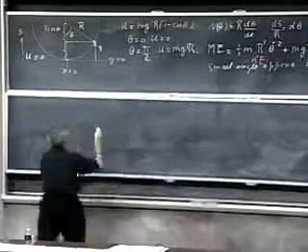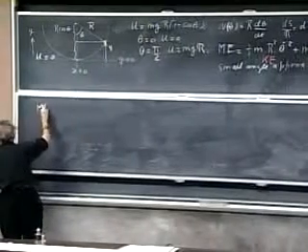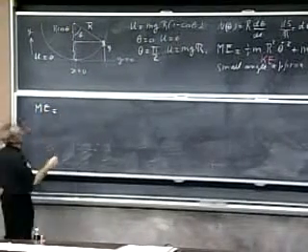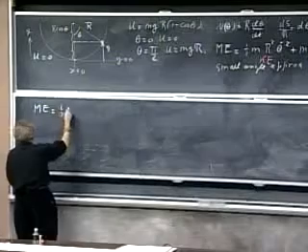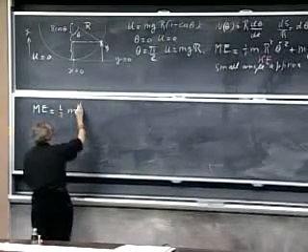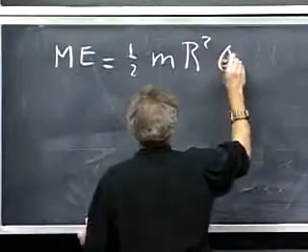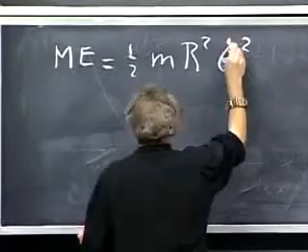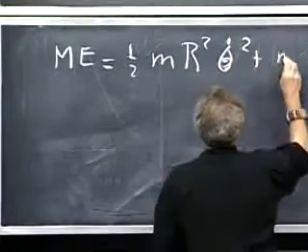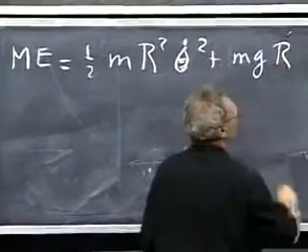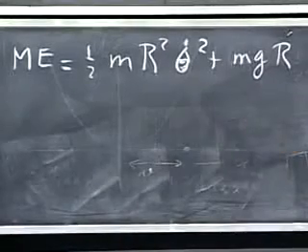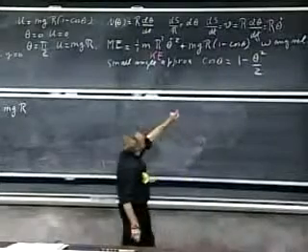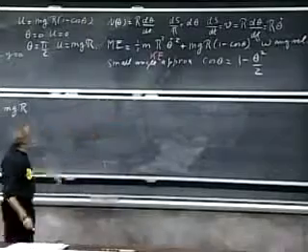So we're going to get that the mechanical energy, which is not changing, equals 1/2 m r squared theta dot squared plus mgr times cosine squared, which becomes 1 minus theta squared over 2. So we have a minus times minus becomes plus.